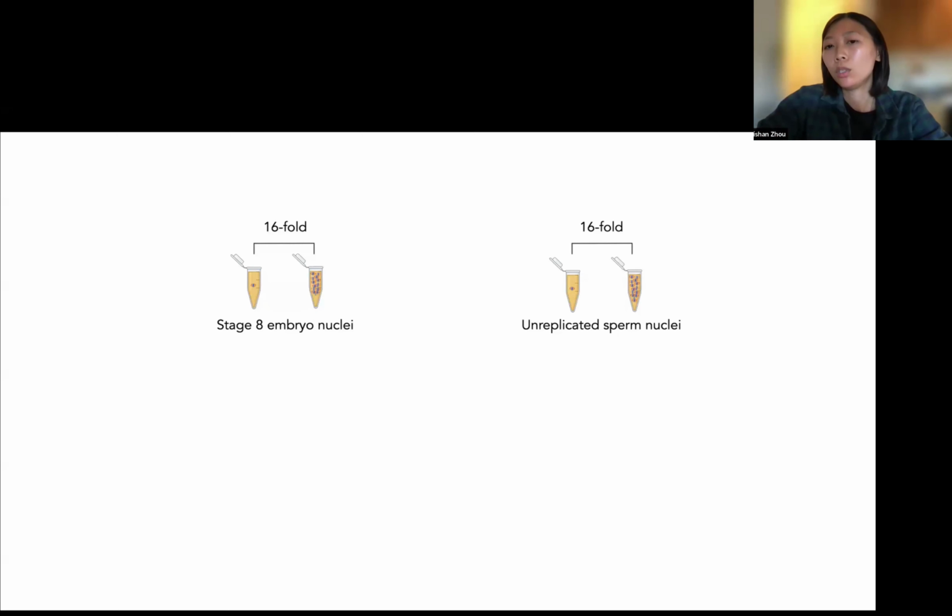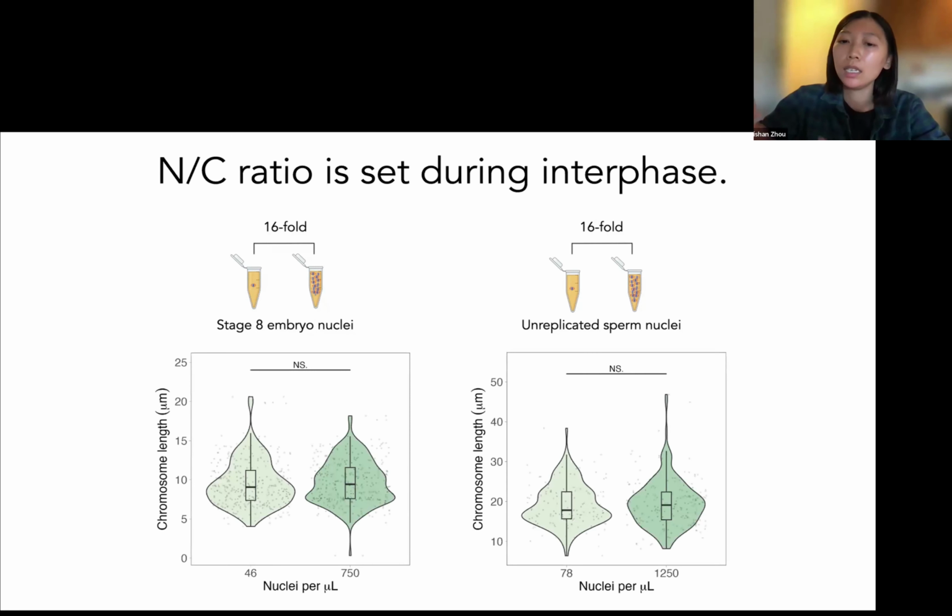The other was to use unreplicated sperm nuclei. Instead of allowing the nuclei to replicate in interphase egg extract, we can just directly add these sperm nuclei to metaphase egg extract, in which case they'll still form mitotic chromatids, but they're completely unreplicated. What I found was that in either case, there was no longer a relationship between NC ratio and mitotic chromosome size.